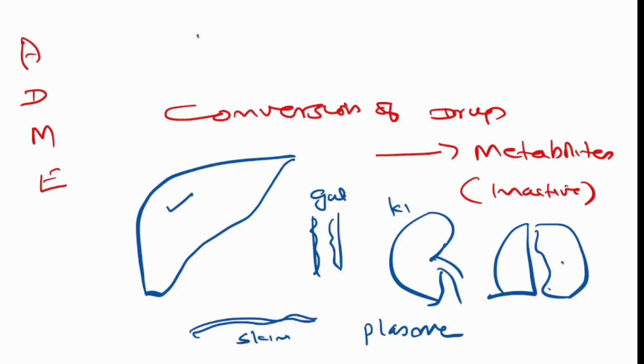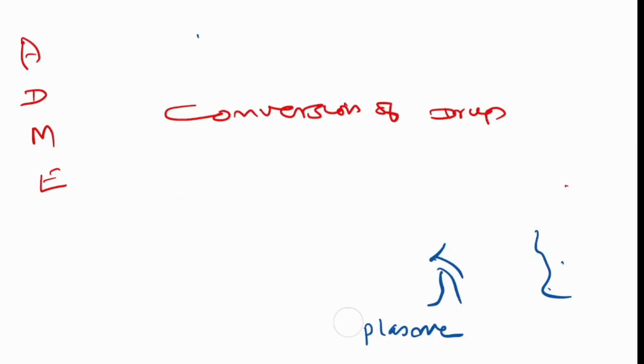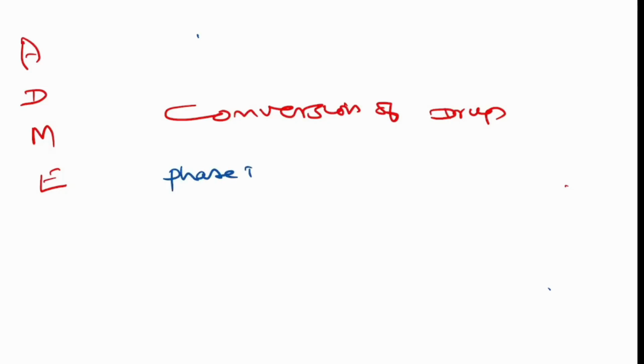There are two phases usually. One is phase 1. It is usually by cytochrome CYP 450 oxidation.